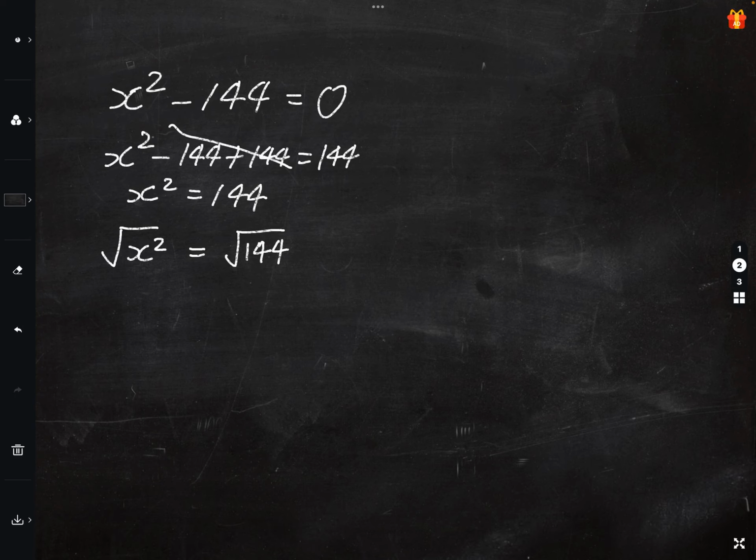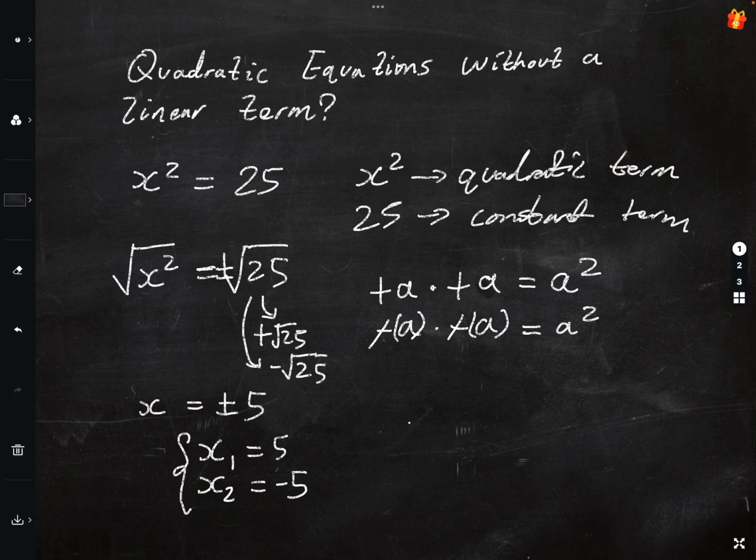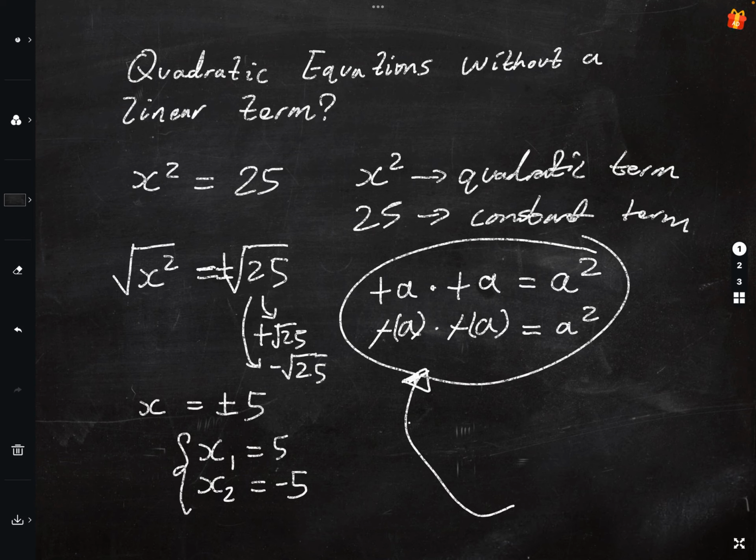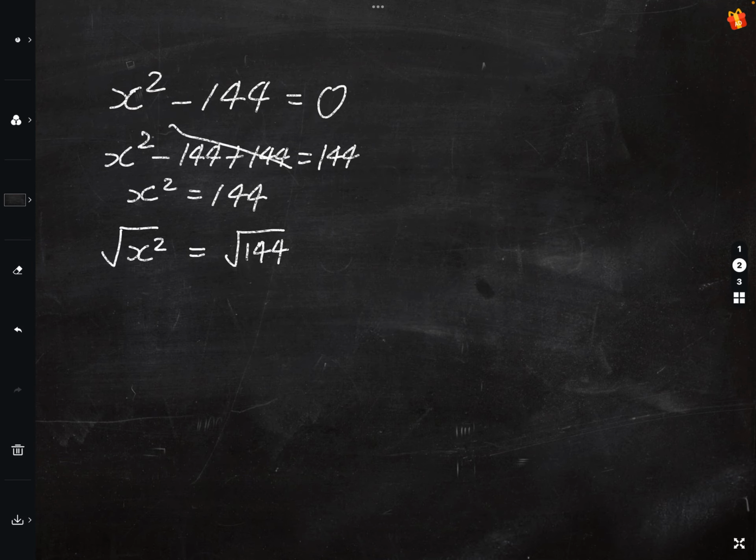If we go back to see how right over here, we know that a negative number times itself is always equal to a positive number times itself in this general case. So by the same logic, there will be a plus minus right over here.